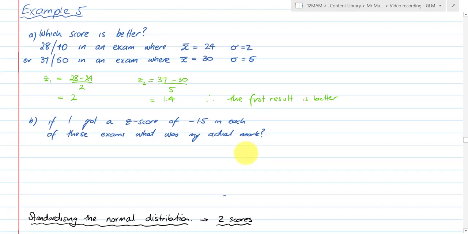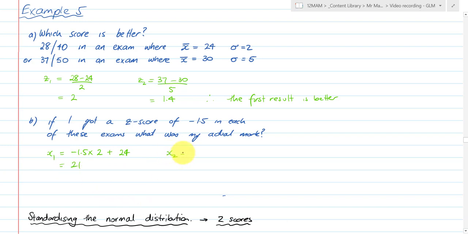If I got a z-score of negative 1.5 in each of these exams, what would my actual mark be? So remember, x, my raw score, x1 for exam 1, is equal to the z-score, negative 1.5, times the standard deviation, 2, plus my mean. And that ends up being negative 3 plus my mean, which is 24, which is equal to 21.